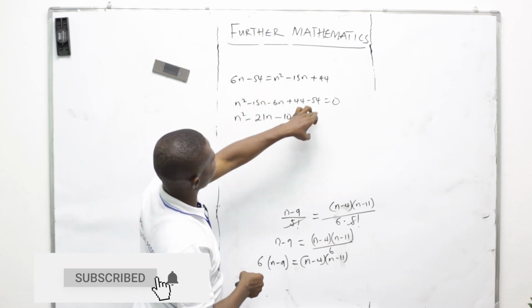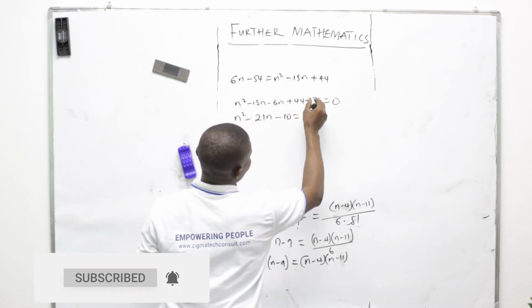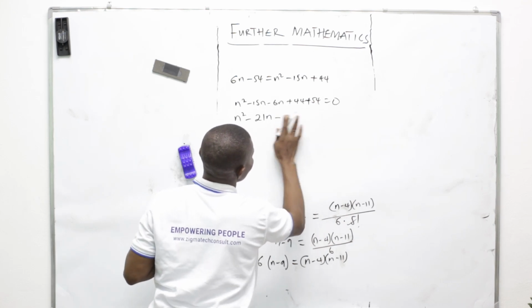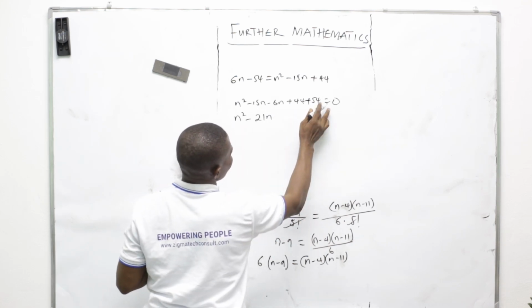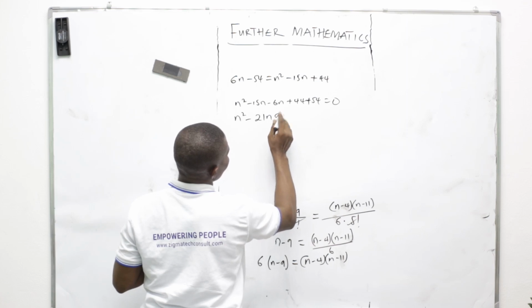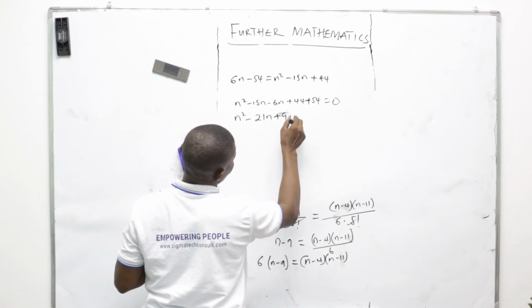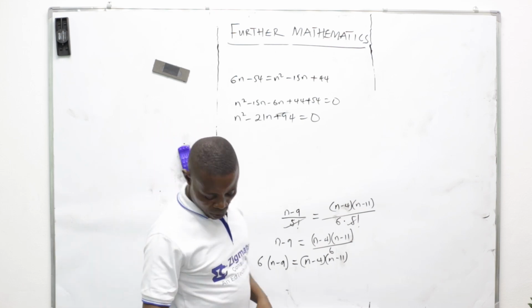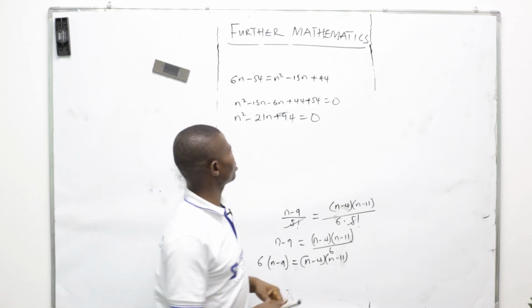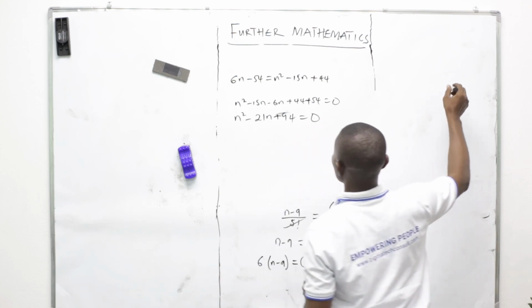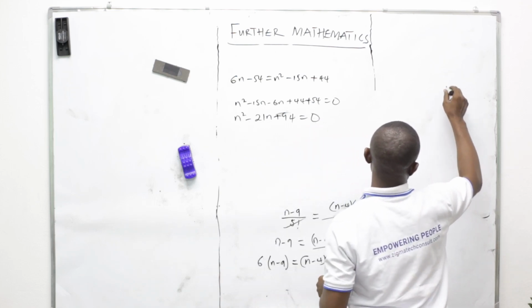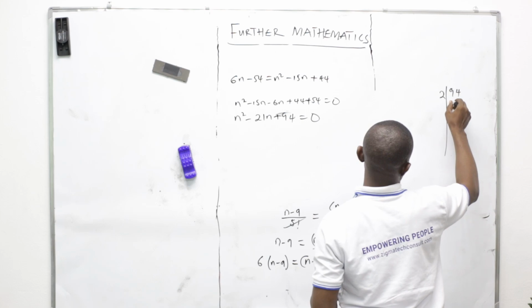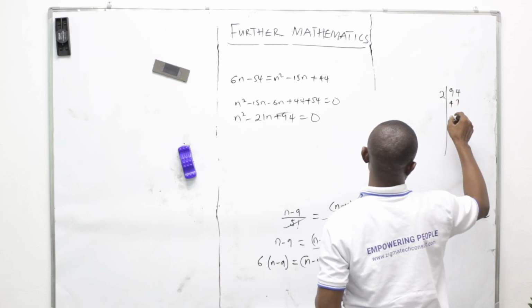Okay, if this crosses, it becomes plus, sorry. This is plus. This is 8 plus 94 equals 0. So we're going to consider two numbers. We'll multiply, this is 94, 2 here, 47.